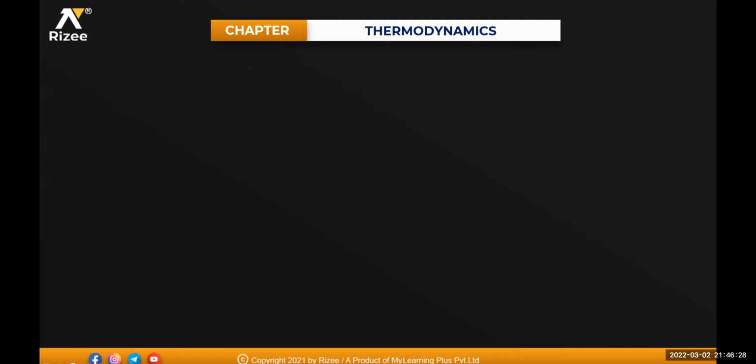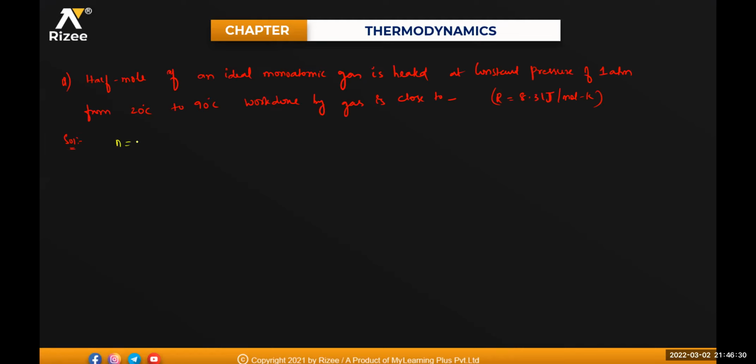Half moles, beta. Number of moles is 0.5. The temperature difference is 90 minus 20, that is 70 degrees centigrade.